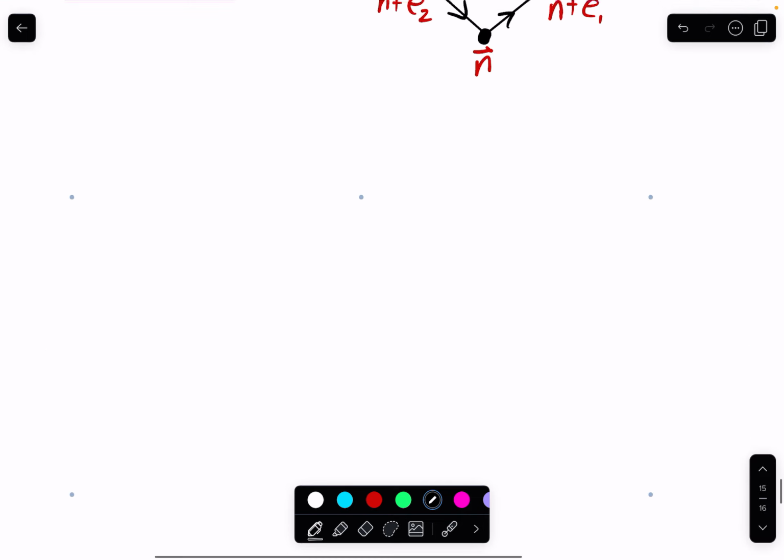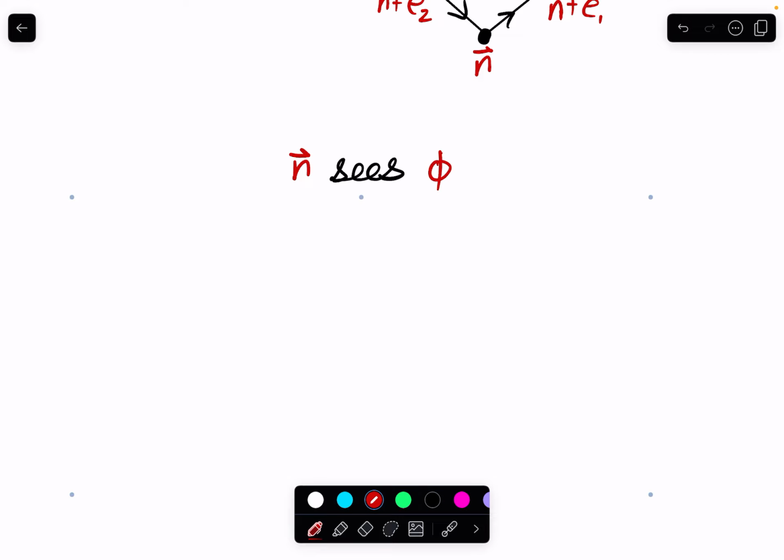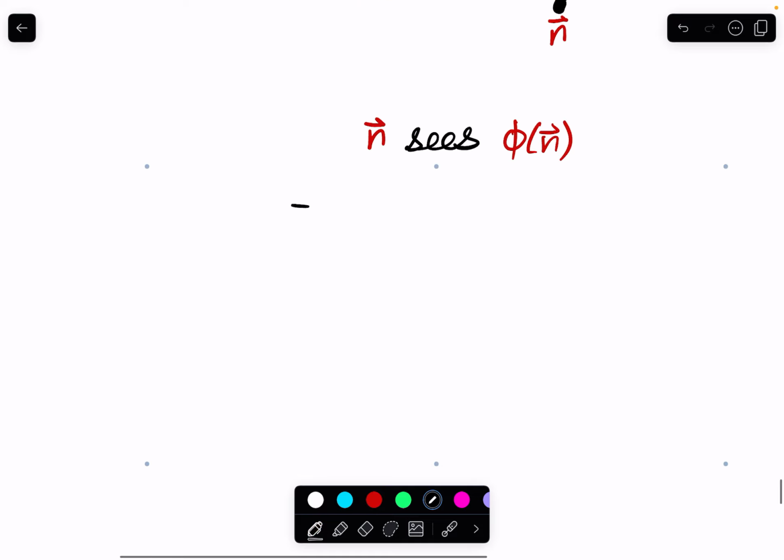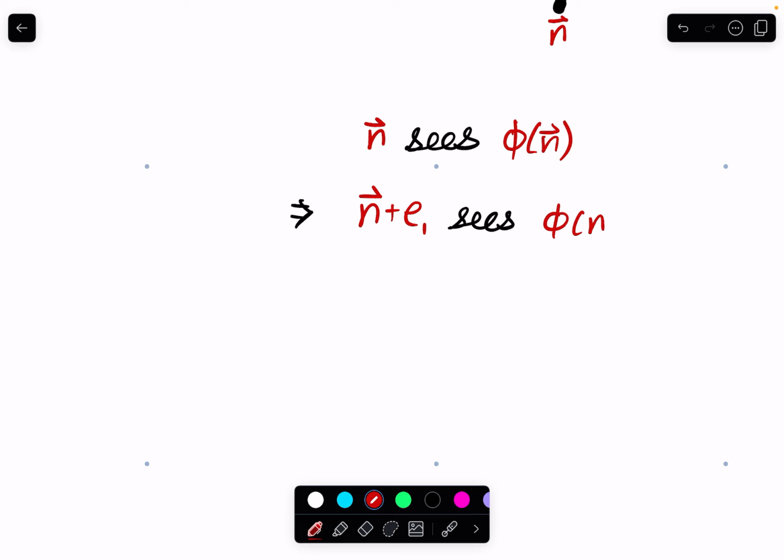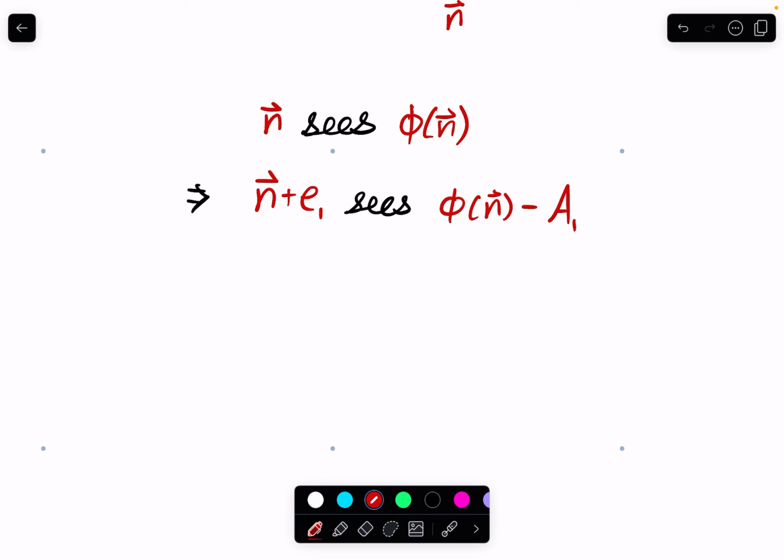Well, n sees phi of n, which implies n plus e1 sees phi of n minus a1 n, right?